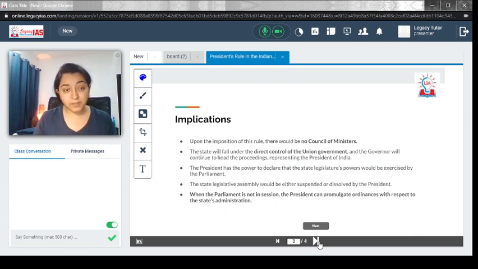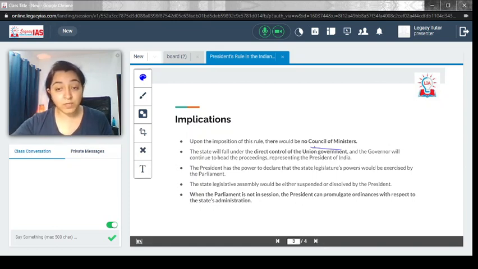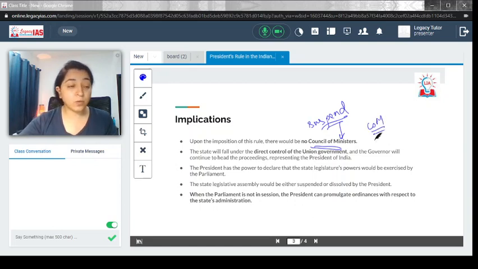Once the President has announced or imposed President's Rule, what will it mean? First of all, there will be no council of ministers now. We just saw that it suspends the state government. That suspension means the council of ministers will no longer be functional. The state will fall under the direct control of the Union.